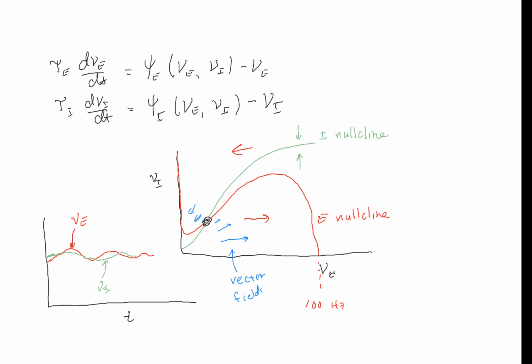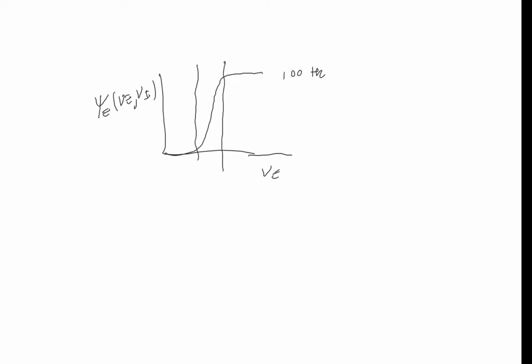So the nullcline, just to be clear, what that means is, if you plot psi_E of nu_E, nu_I versus nu_E, it's going to basically go up to 100 hertz, and this distance is going to be 2 to 3 to 5 hertz.